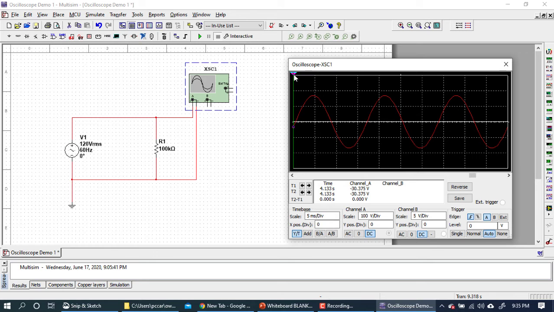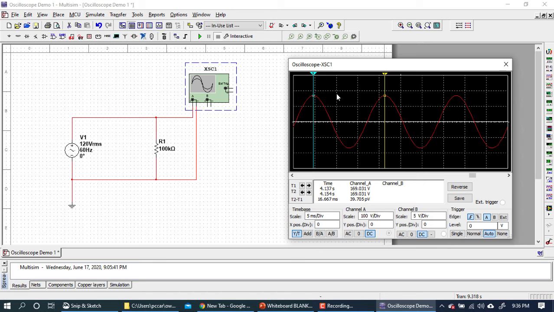But now we can use the cursors. So let's drag over cursor number 2 and put it here on the peak. And then let's get cursor number 1 and put it on this peak, like so. Hopefully we've got them centered on the peak at the very highest voltage point on both peaks.